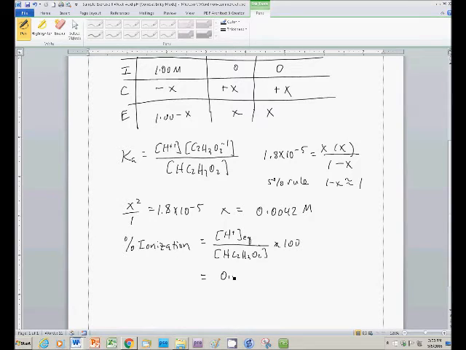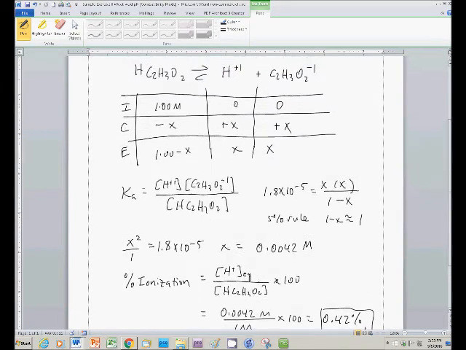So in this case, only 0.0042 molar dissociated out of 1 molar that was present, and then times 100. So you get about 0.42% ionized. Okay, that's a pretty small amount, which is not unexpected given that we are using a weak acid.